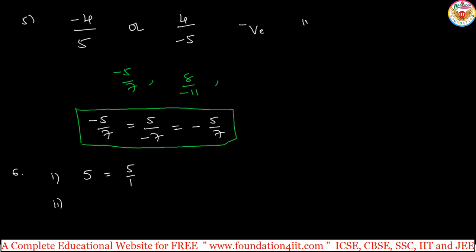Minus 4 is a negative integer, so this is a negative rational number. That means every positive integer is a positive rational number, and every negative integer is a negative rational number. So 0 is a rational number, but it's neither positive nor negative. It's important: 0 is a rational number, but it is neither positive nor negative.